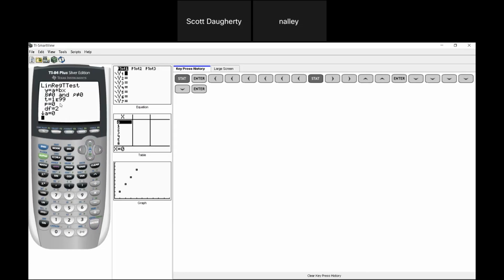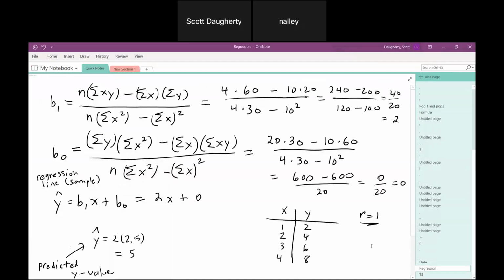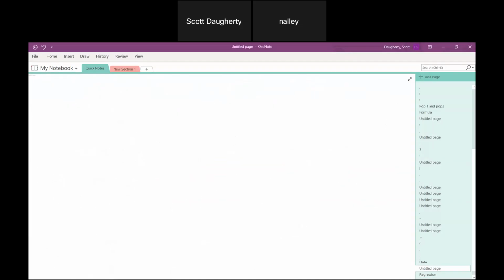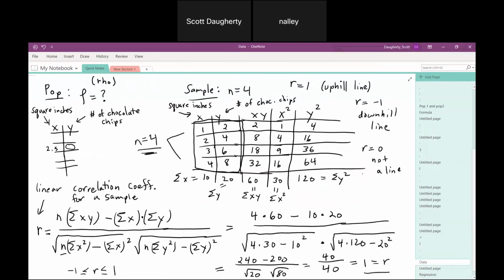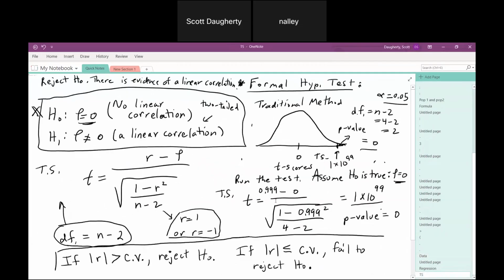And this is how you can test and see whether it's a line or not. And so the p-value was less than alpha, which we tested at 0.05. And if the p-value is less than alpha, you reject the null hypothesis. And that's how we decided that it was a line. Because if you look back at the hypothesis test, this is how you set up the hypothesis test, right?